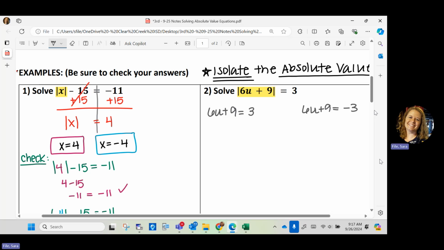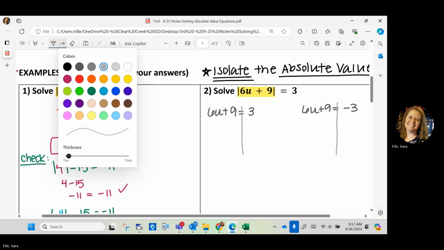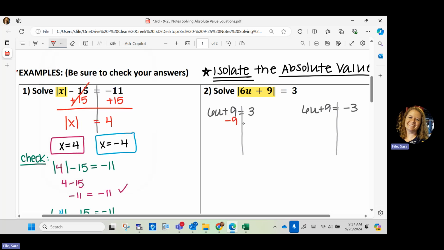So far, so good? All right, if you need that line to separate the equation, draw that line if you need it. So I'm going to solve for u by subtracting the 9 over. And you'll notice it's the same steps on both of these. We're moving the 9 on both. Now over here, that leaves us with 6u equals negative 6.